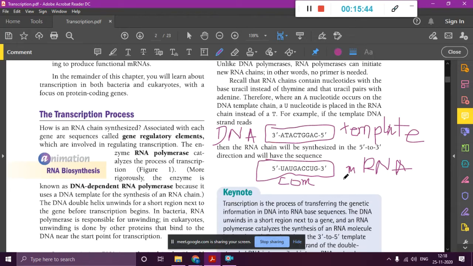That is the only difference. Otherwise, the sequence is the same. And the antisense strand, or the 3 prime to 5 prime strand, the template strand, is essentially the one on which the mRNA is going to be synthesized.